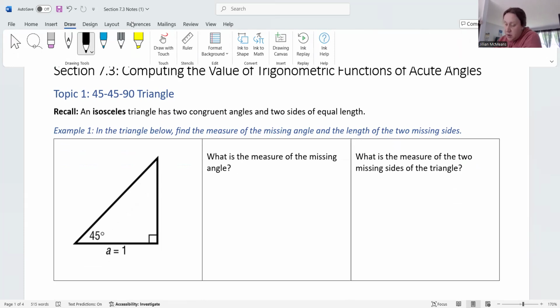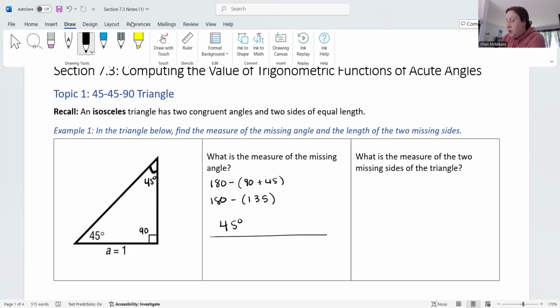Well, we already know this angle in the corner is 90 degrees. We know the three angles of a triangle have to have a sum of 180 degrees. If we take 180 degrees and subtract the sum of the two angles we're given, 90 plus 45, that gives me 180 minus 135, so my leftover angle has to be 45 degrees.